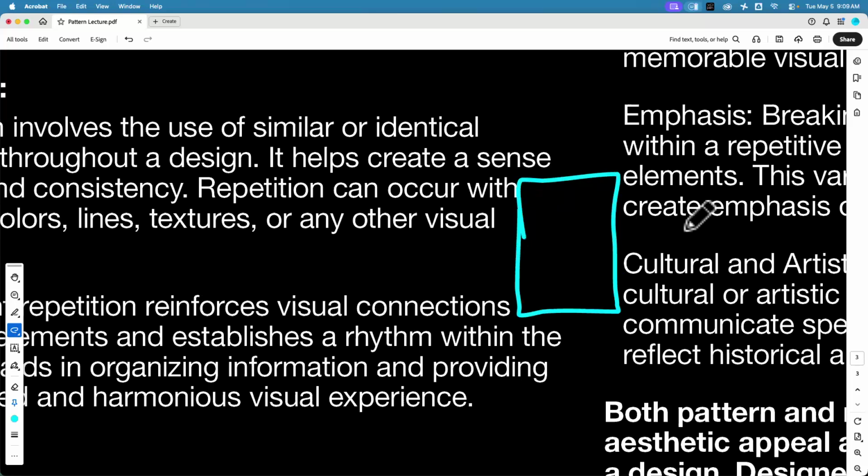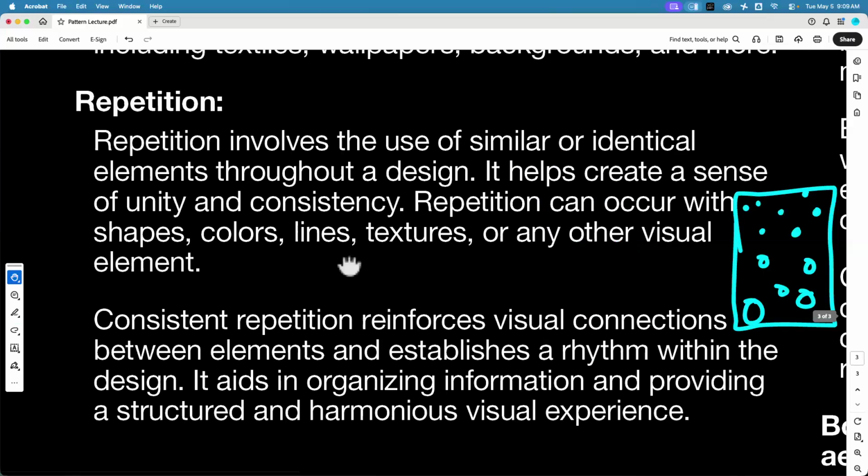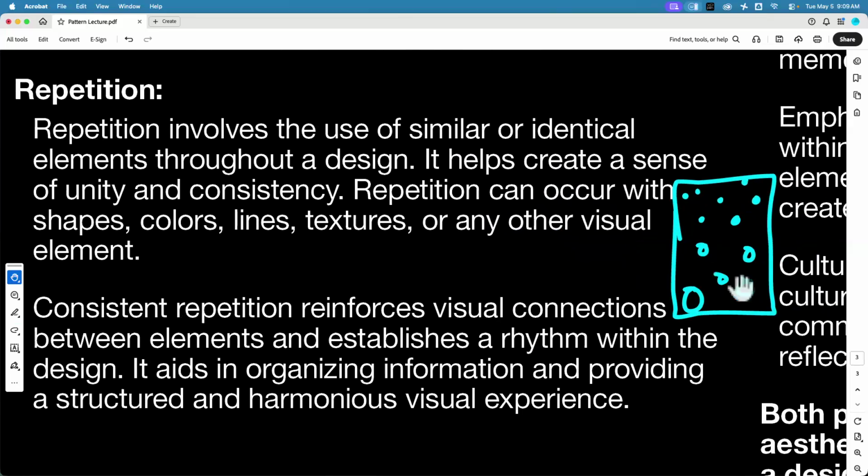We'll go back to that soap idea, and I'm going to make soap bubbles that get smaller as they go up. This is repetition: a soap bubble used many times to help create a mood.